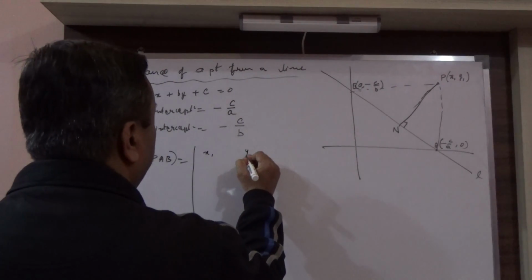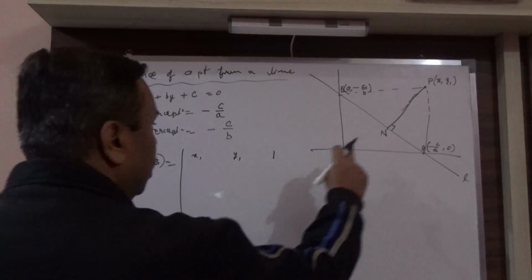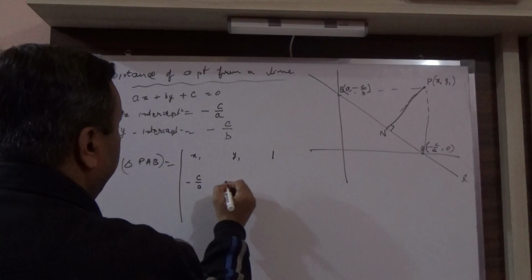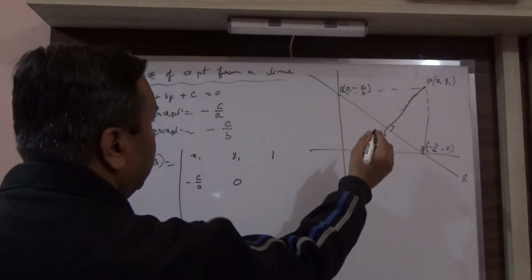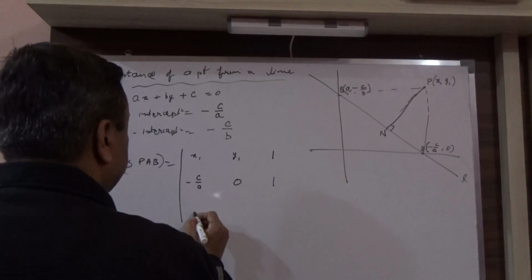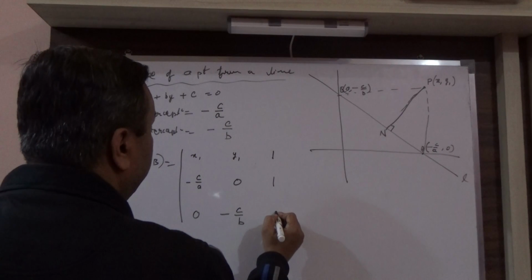x1, y1 and 1. Then come to there: minus C by A, 0 and then 1. Then at this point 0, minus C by B and 1.